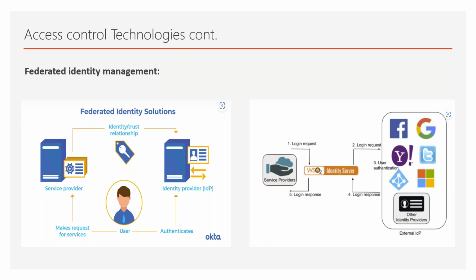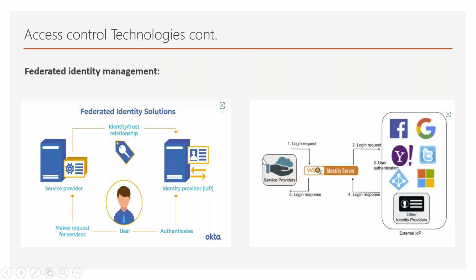This is a simple example of federation with an identity provider, a user requesting services, and a service provider. There are three ways to do federation: cross certification, trusted third party, and SAML, which we will discuss.